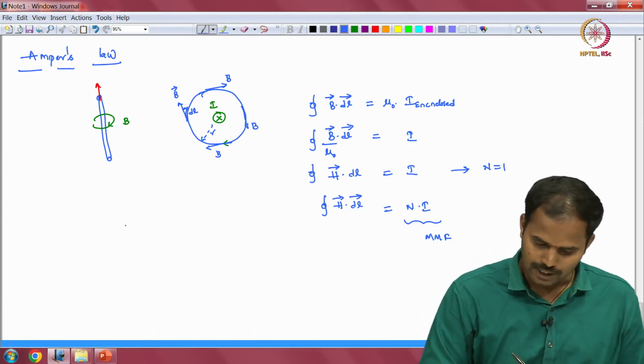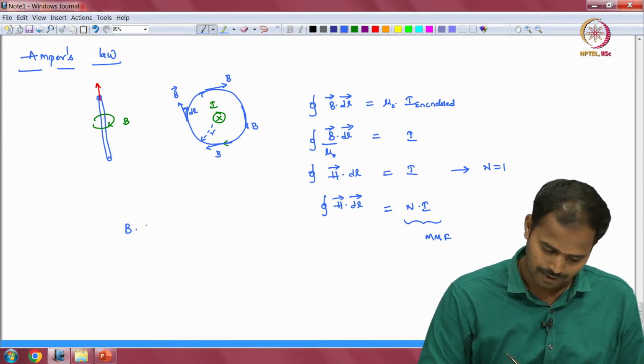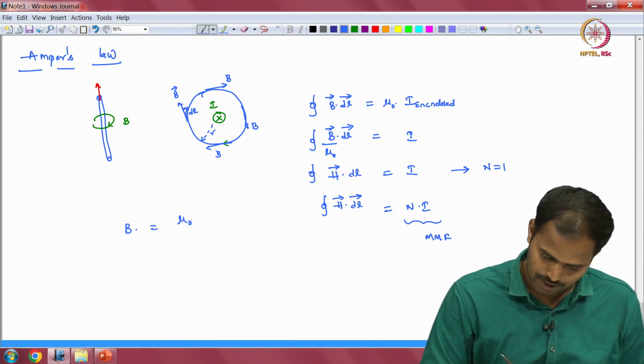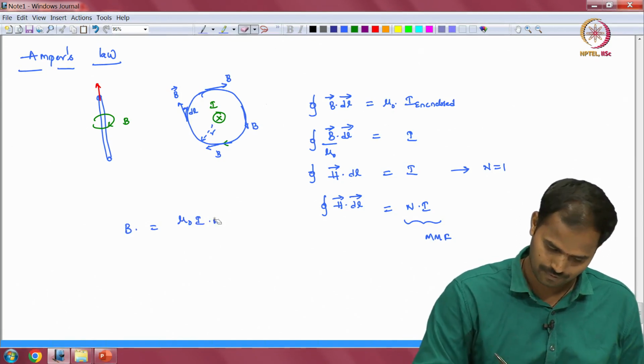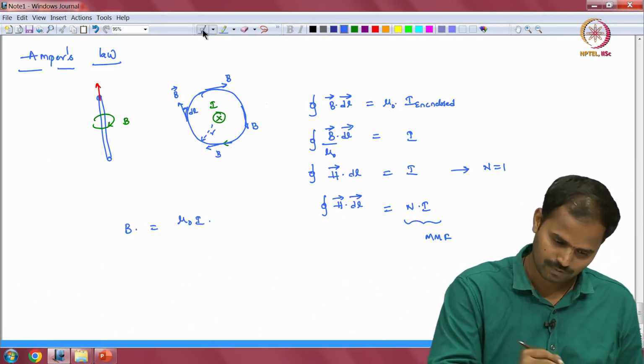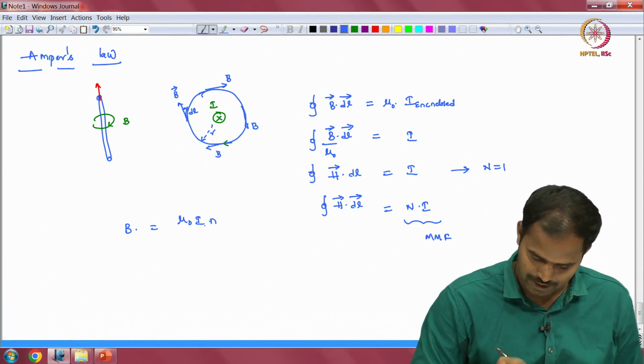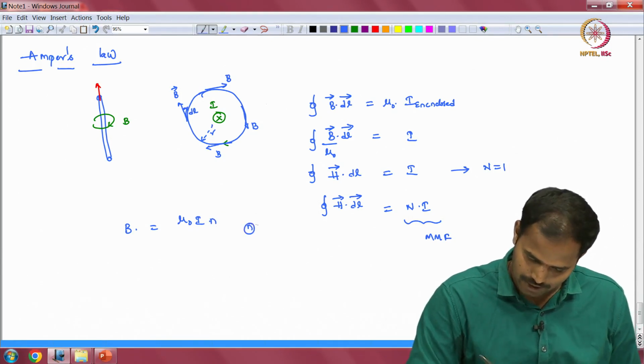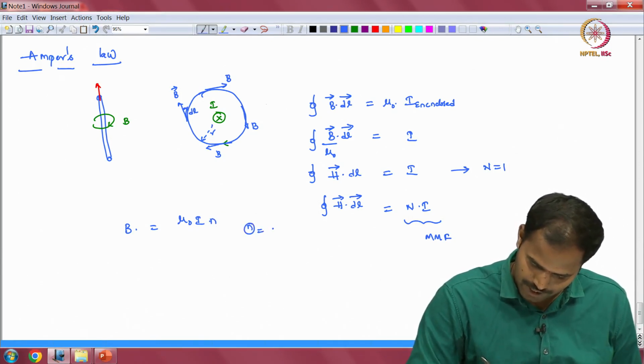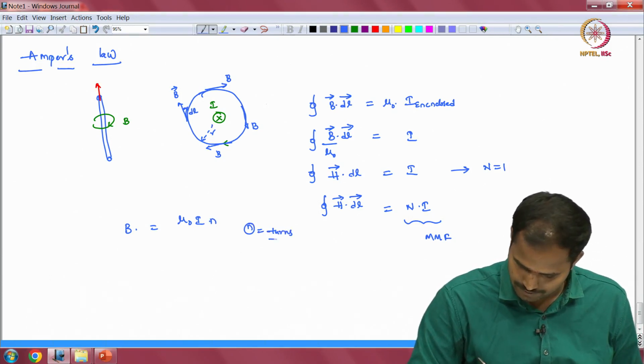So, as per Ampere's law, B equals mu naught I into n. Small n I am representing here is the number of turns per unit length.